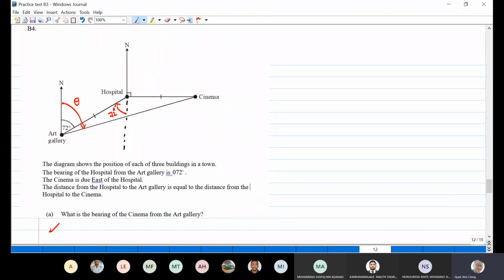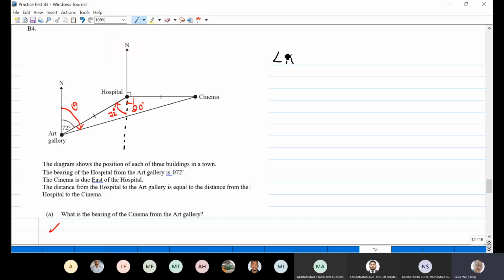When looking at parallel lines, the north line is parallel here. So this is 72 here. And then hospital, cinema, due east of hospital, so we know that this angle will be 90 degrees. From there, I can find out angle H, the angle at the hospital.